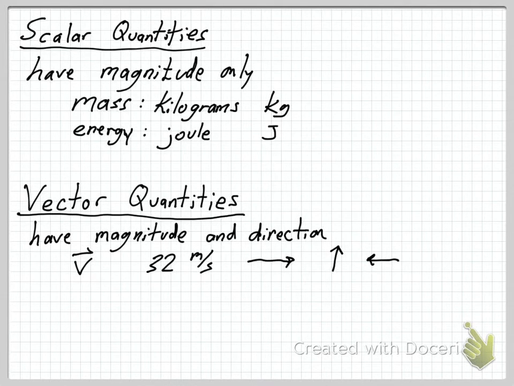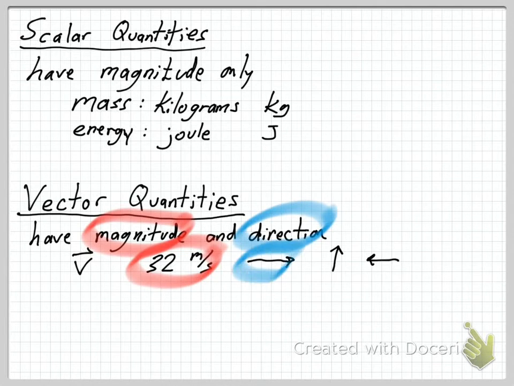So the vector quantity has its magnitude of 32 meters per second, and its direction is going to be to the right or up or to the left. So when we're keeping track of vector quantities, we need both pieces of information in order for that quantity to be complete.